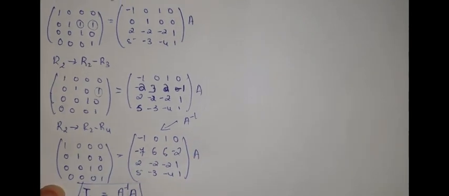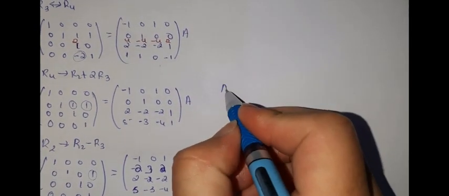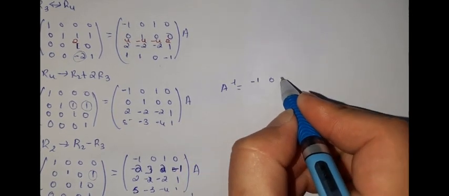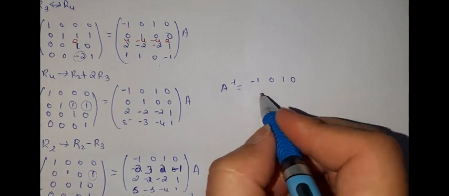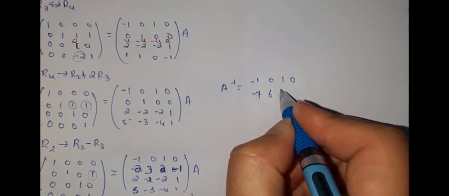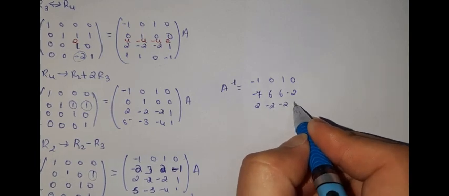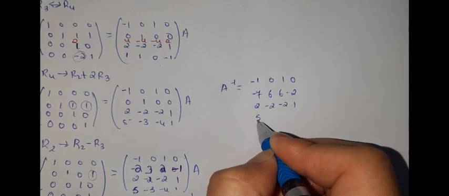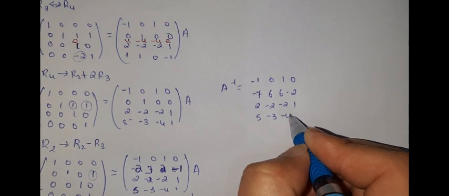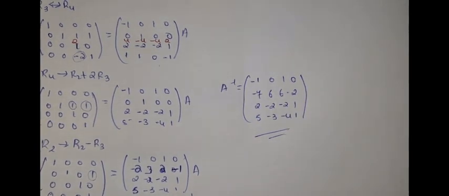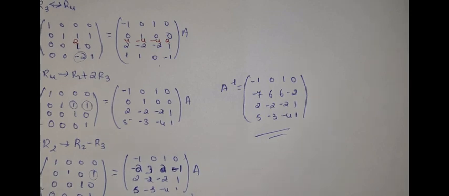So let me write it down. A inverse: minus 1 0 1 0, minus 7 6 6 minus 2, 2 minus 2 minus 2 1, 5 minus 3 minus 4 1. So this is what we needed. This is the inverse of A.